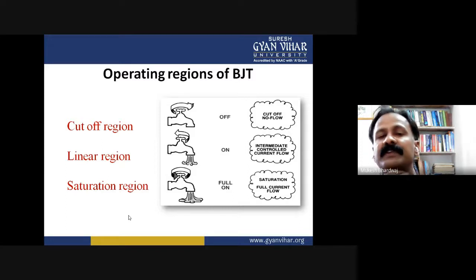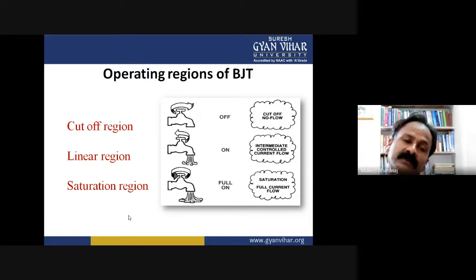Second is the cutoff region, which means no current flows, the transistor is totally off. The linear region is intermediate control of current flow. These depend upon the biasing of the terminal pairs. And the last one is the saturation region.